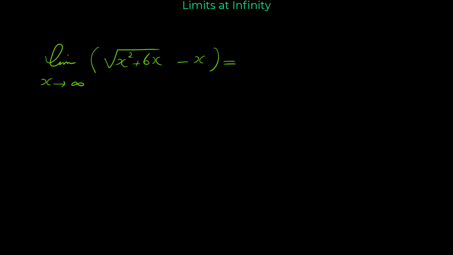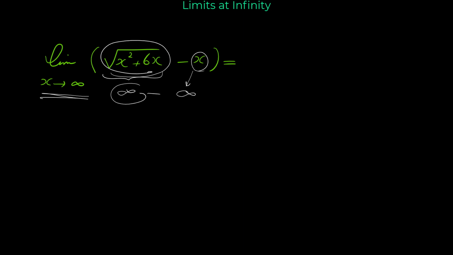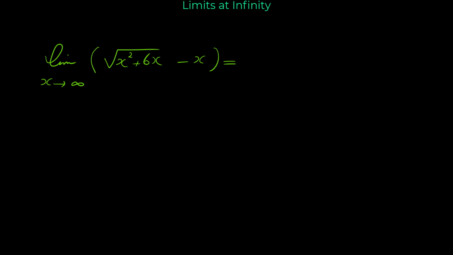If you pay attention, this limit is in the form of infinity minus infinity. When x approaches infinity, the limit of this radical is infinity, and x goes to infinity, so it is also infinity. So this limit is in the form of infinity minus infinity, which is an indeterminate form.